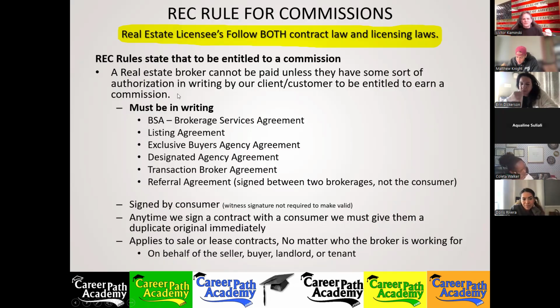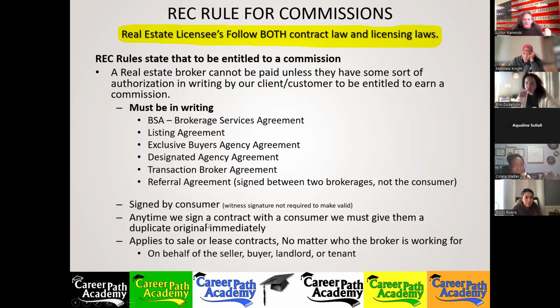that authorization needs to be in writing, and it'll be in writing usually with a brokerage service agreement now. A listing agreement, exclusive buyer's agency agreement, designated agency agreement, transaction broker agreement, or a referral agreement. Although those referral agreements, they're not signed with the public, they're signed between the agencies. So it needs to be signed by the consumer.